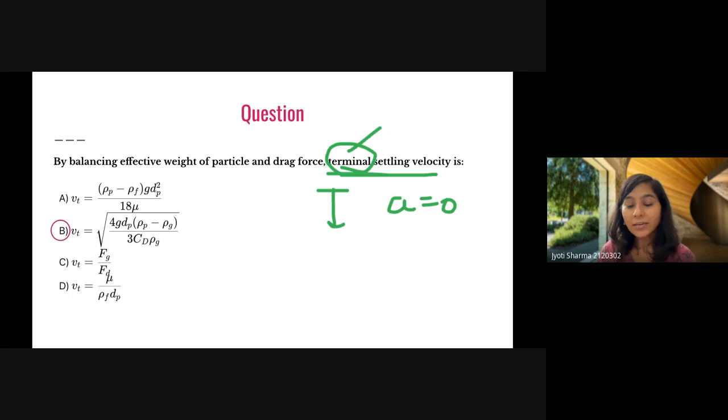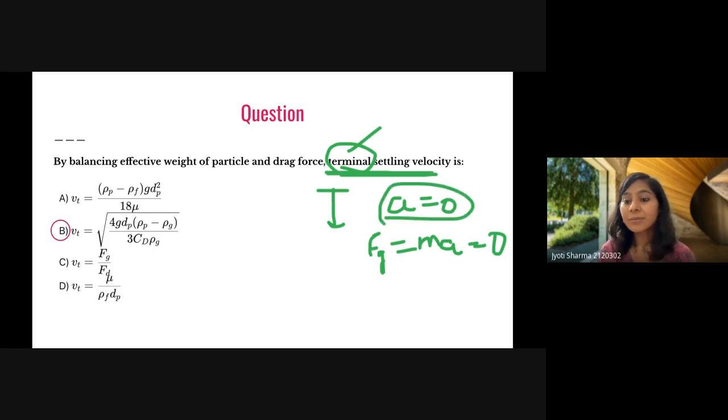If we are talking about the acceleration, the force, that is ma, will be equal to zero whenever we are talking about the terminal settling velocity, because here acceleration will be zero.